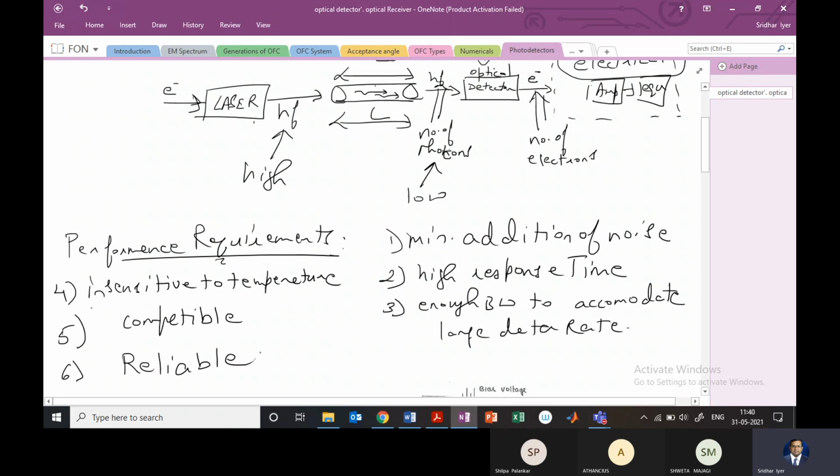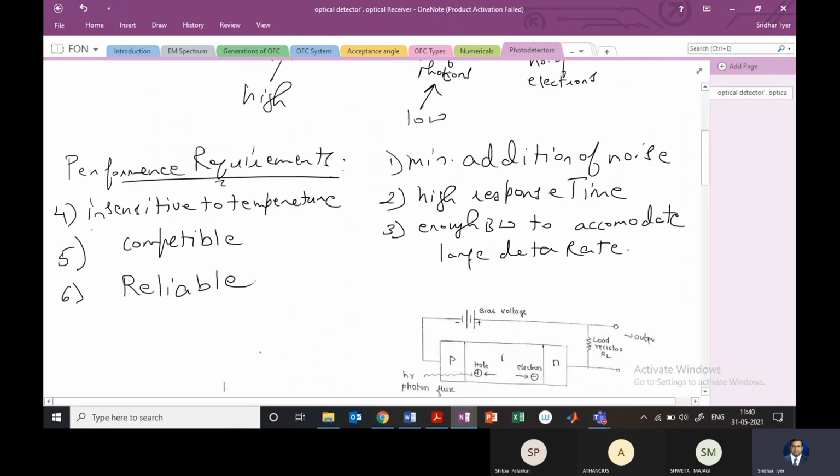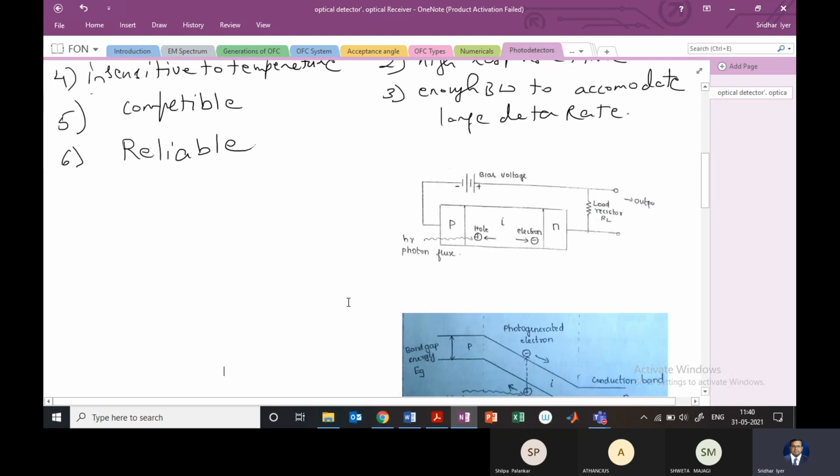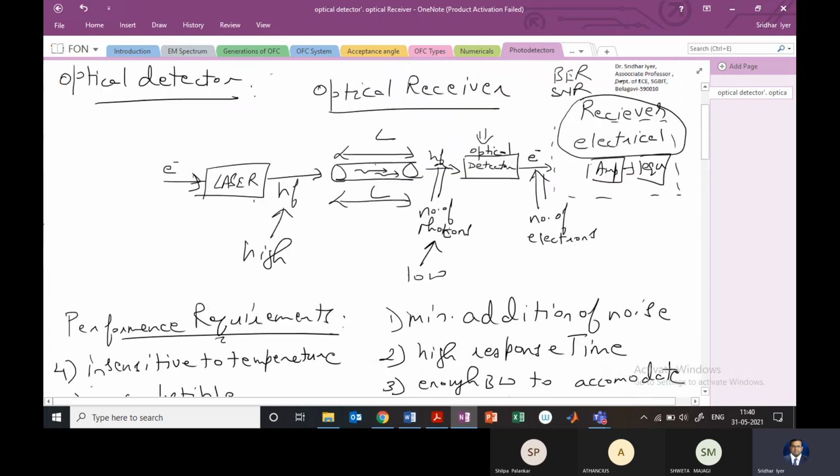With all of this, the detectors which are mentioned in your syllabus are two types of detectors. I've already put the diagram of one of the detectors that you can see on the screen. Let me scroll up and write here so it will be clearer.